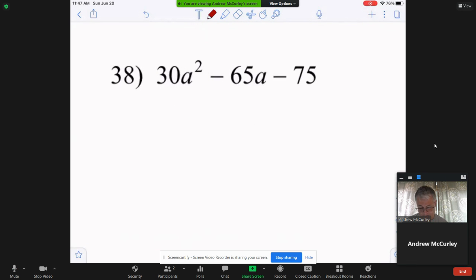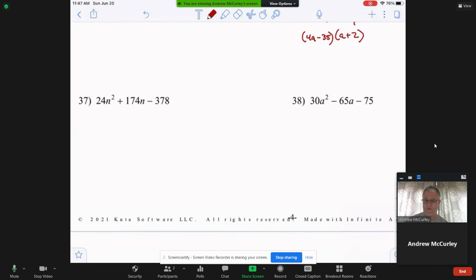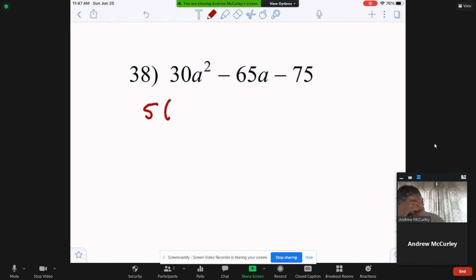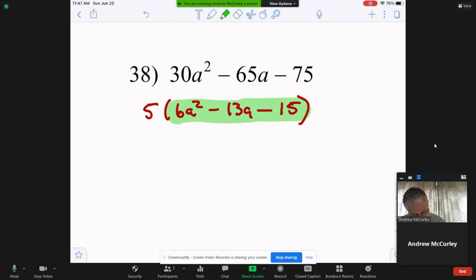Recognize here, I've got a GCF. Let's do this one. It looks like, oh no, I don't have a GCF. Oh, I do. Pull out a 5. So if I pull out a 5, this is going to be 6a squared minus 13a minus 15. So now I'm going to factor just this part, right? The 5 just comes along for the party. So this is going to be a squared minus 13a minus 15 times 6, which is what, 90?